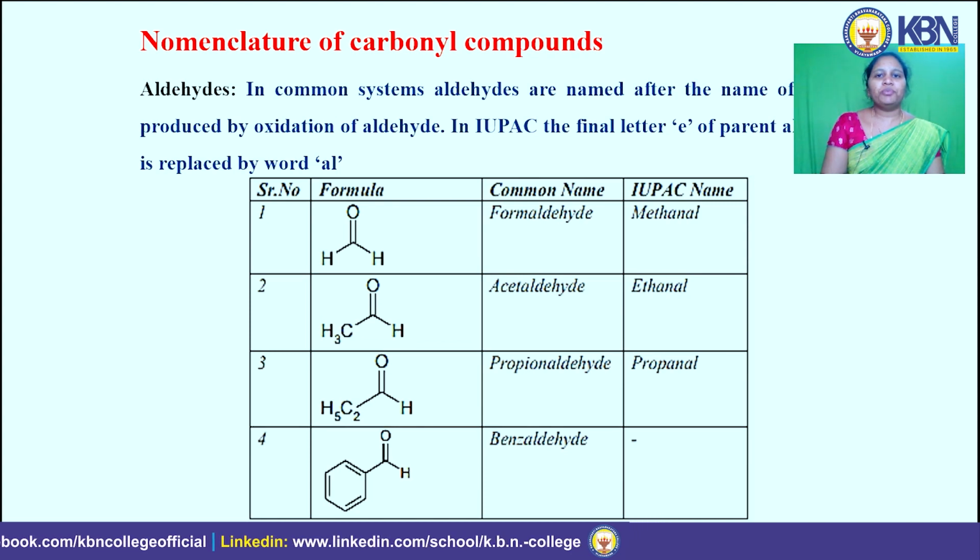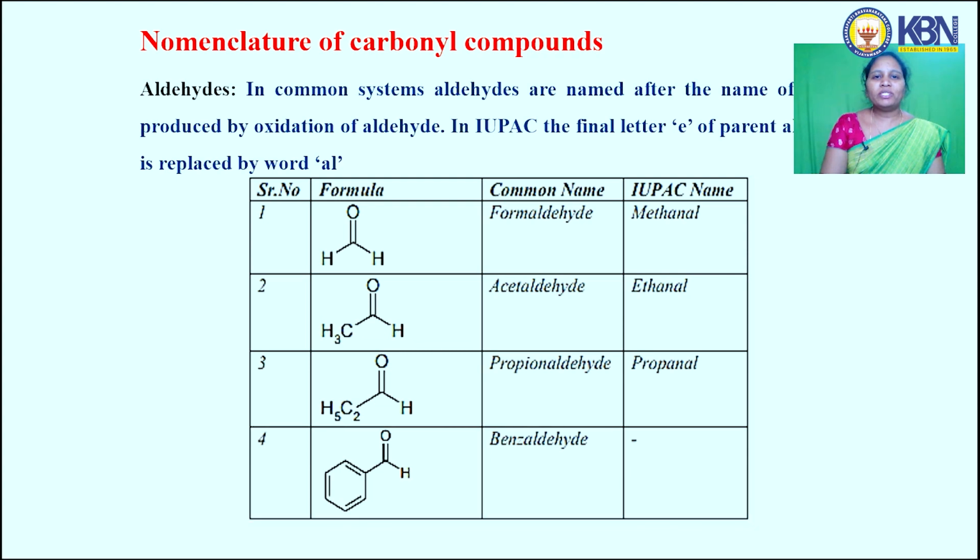Next, let us discuss the nomenclature of carbonyl compounds. How are carbonyl compounds named? In common systems, aldehydes are named after the name of the compound produced by the oxidation of the aldehyde.